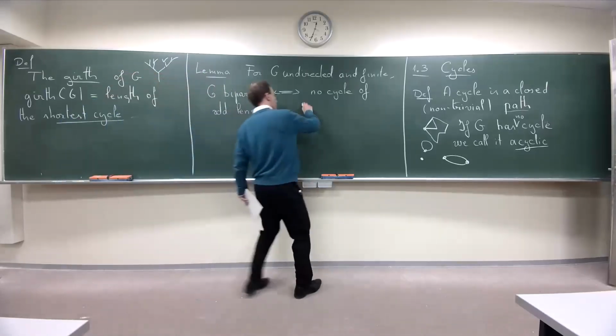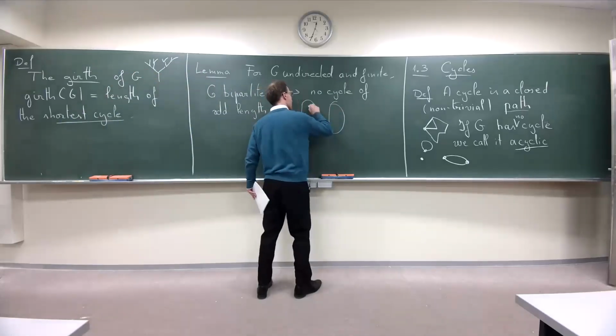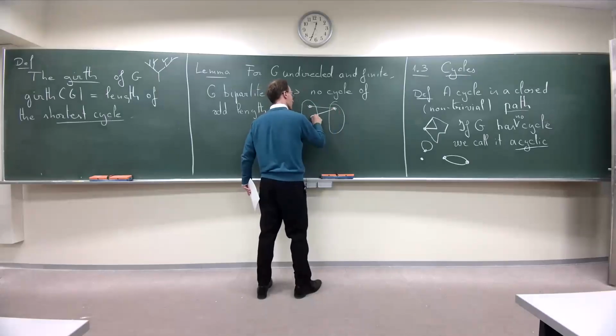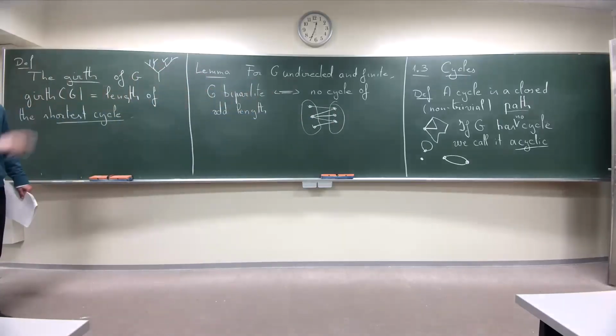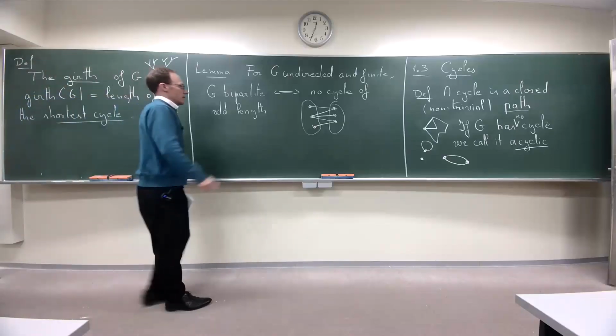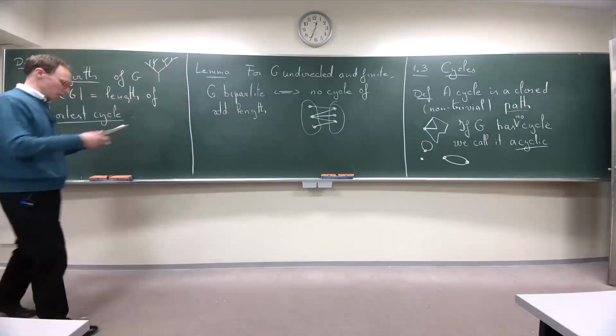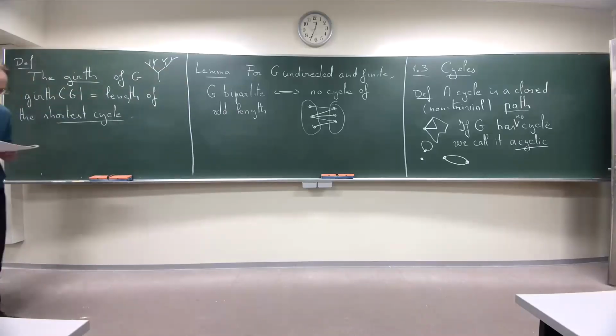Bipartite, remember, it means you can divide the set of vertices into 2 subsets, and each edge is between these 2 subsets. I let you think about it, but the proof is on the website.